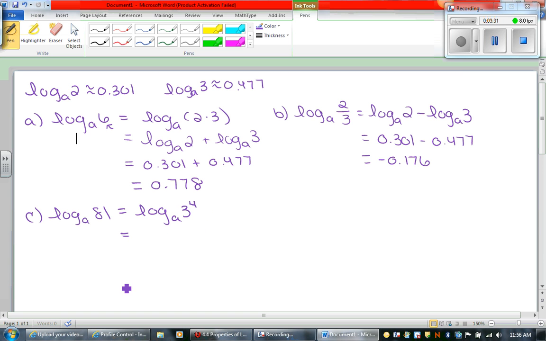So, from our rules from yesterday, we know exponents are going to come up front.